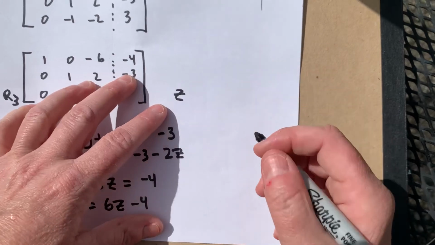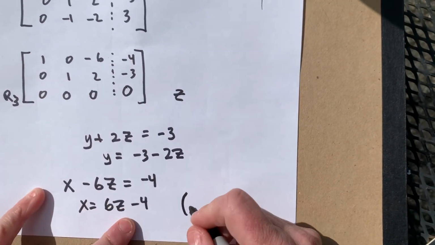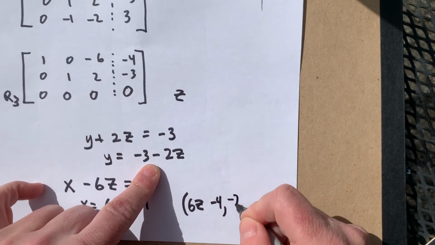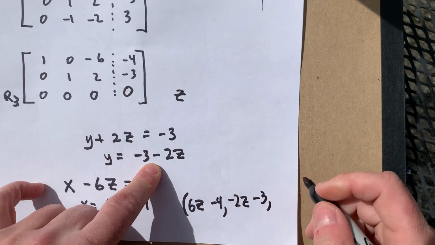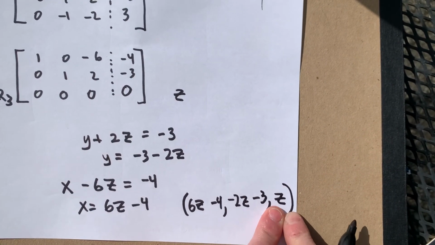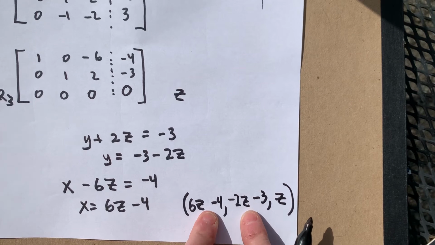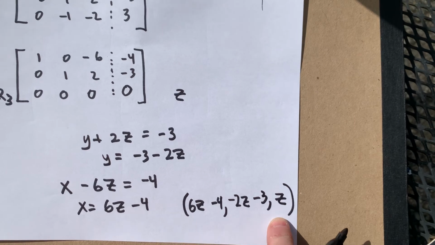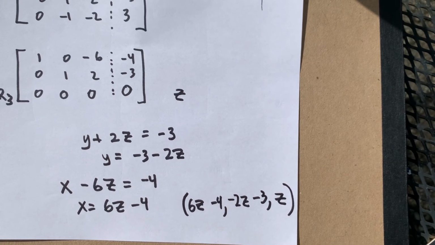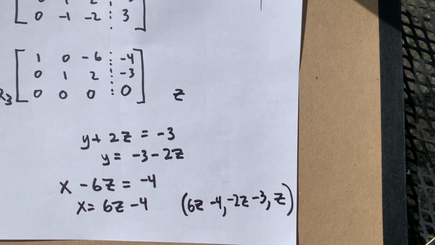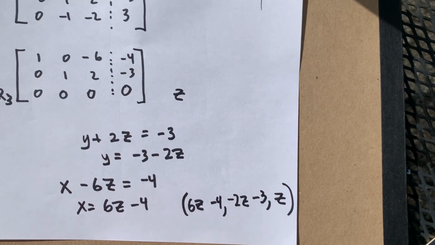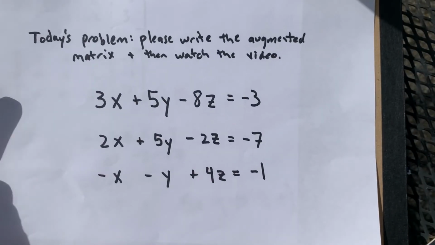What these three things are telling me all together is that anything in the form (6z minus 4, -2z minus 3, z), where z can be anything and the x and y coordinates are constrained, anything that fits this pattern is going to be a solution to our original system. But keep in mind, that means there are indeed infinite solutions. It's not just anything you want it to be. It's got to be in this particular form, but there are infinite of them.